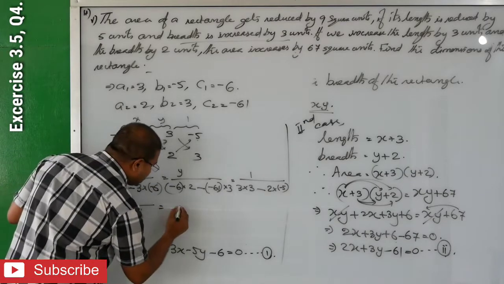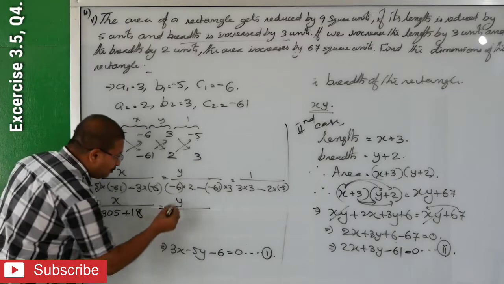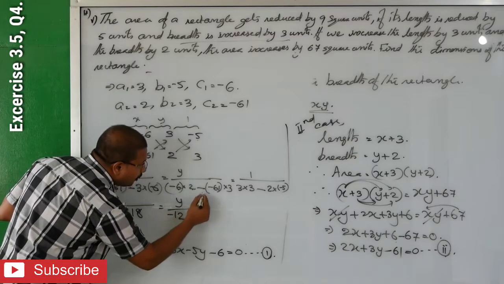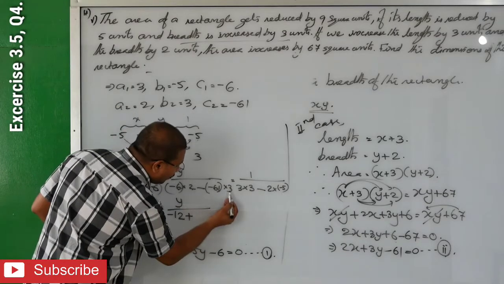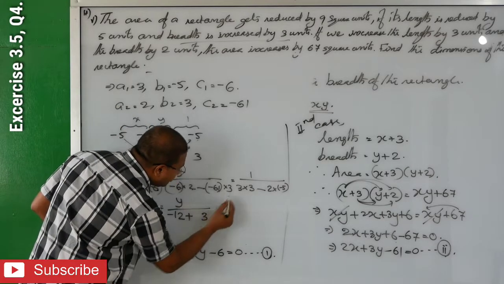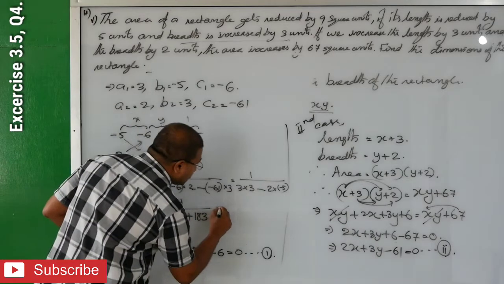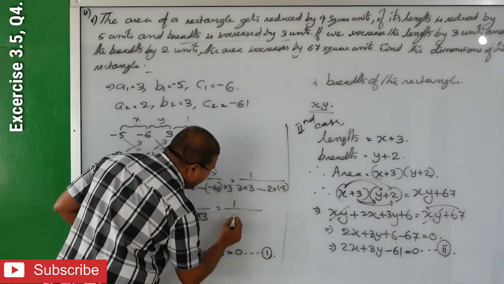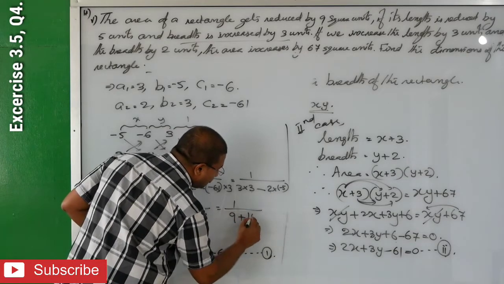Equals y divided by 6 twos are 12, but of course minus 12. Now minus into minus plus. Now 61 into 3: 3 into 1, 3, 3 sixes are 18. This equals 1 divided by 3 threes are 9, minus into minus plus. After that 2 fives are 10.